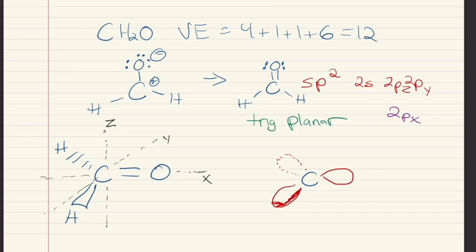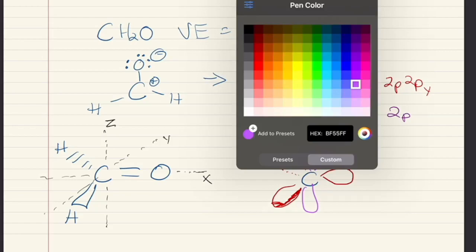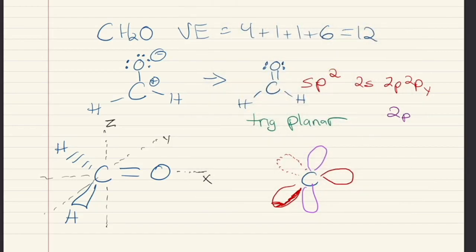We would have a leftover 2p, and in this case, the 2p would be in the z-axis. So let's just switch this and let's use 2pz as the leftover. And let's say that 2px and y were used for the hybridization.